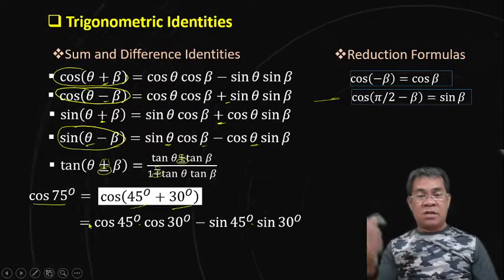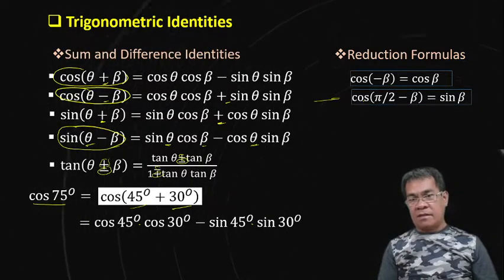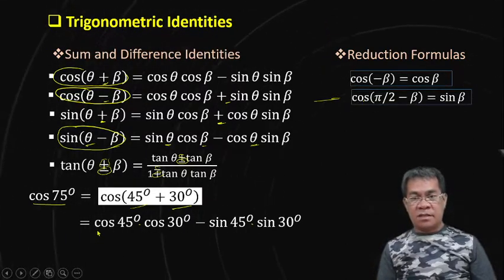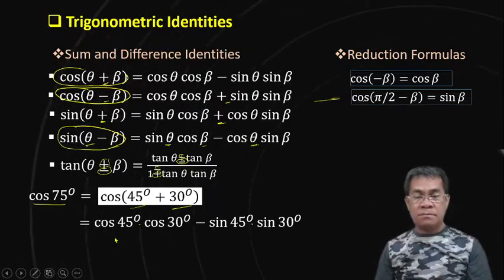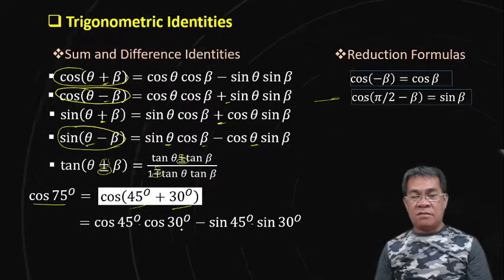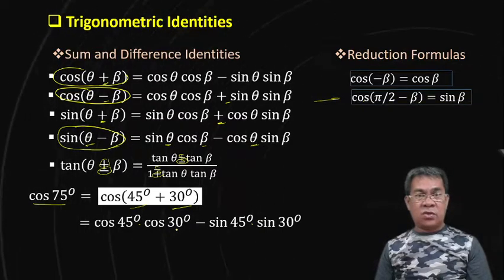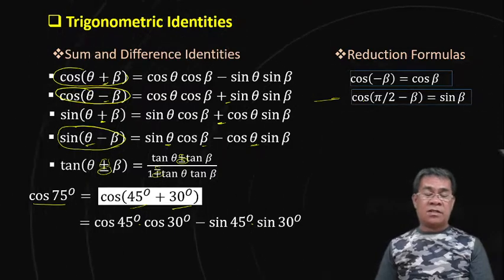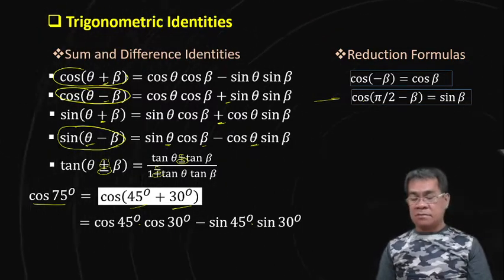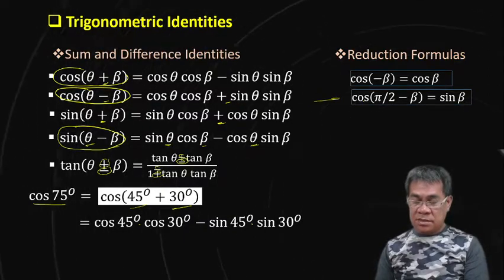Using our previous knowledge of the unit circle, the cosine of 45 degrees is square root of 2 over 2, while the cosine of 30 is square root of 3 over 2. Kindly refer to the first video on this topic of trigonometric function derivatives.